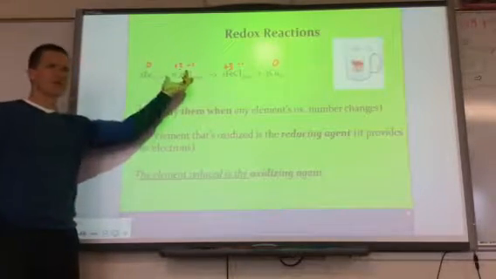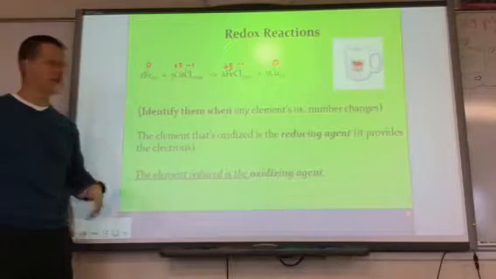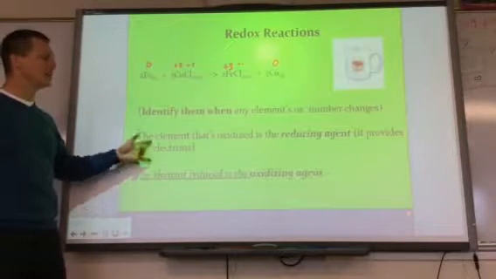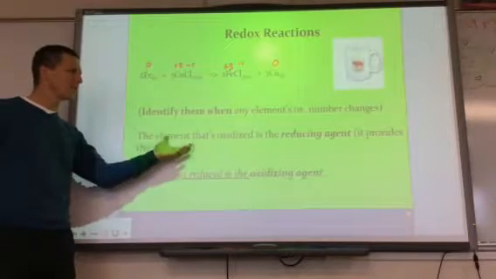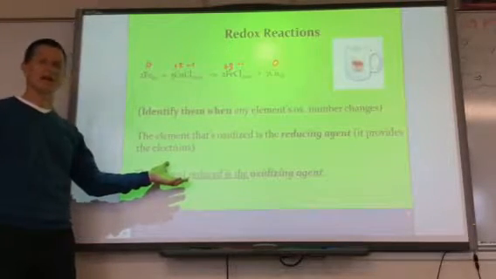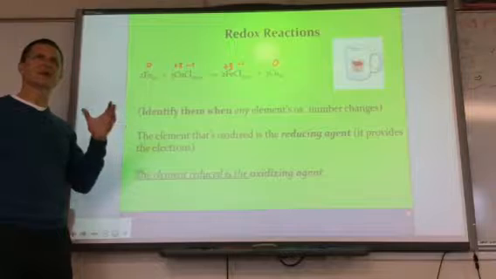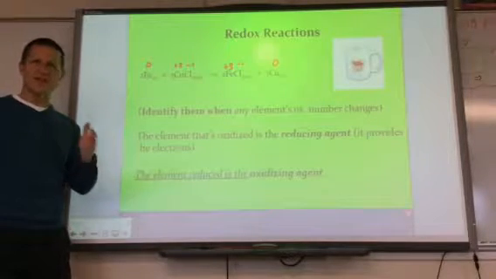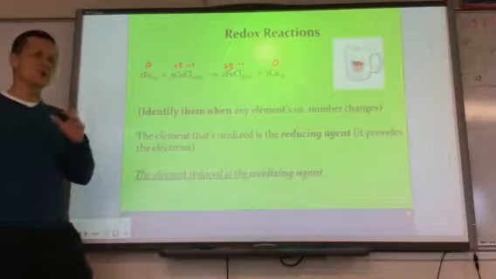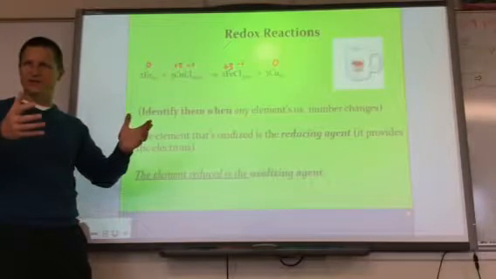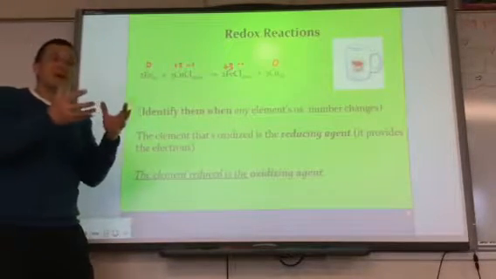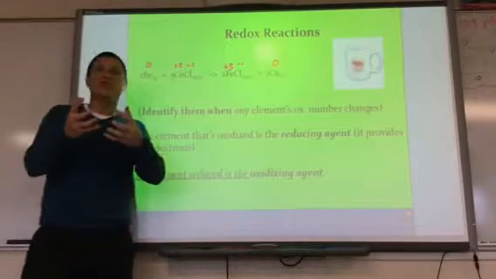You do have to figure out oxidation numbers of everything. But here's the thing that is kind of unfortunate. We have to know this, something that's commonly used in chemistry: the concept of a reducing agent and an oxidizing agent. So in a reaction, the thing that's oxidizing is giving off electrons. That's allowing somebody who wants electrons to have electrons to take.